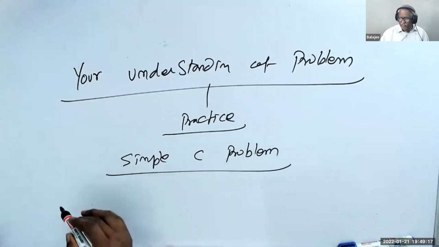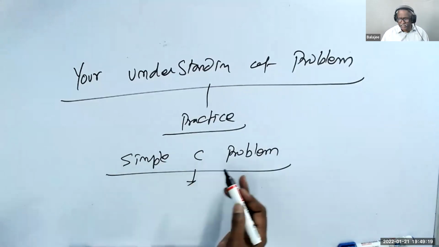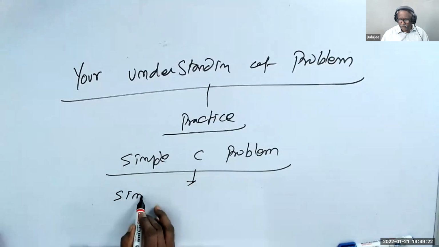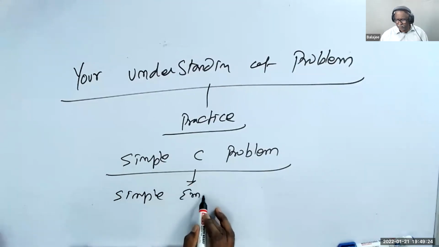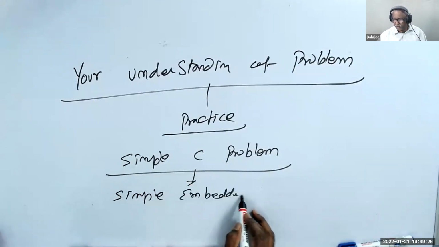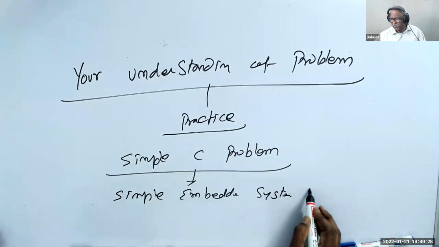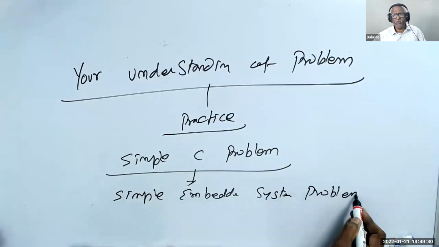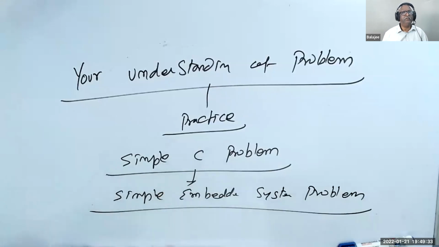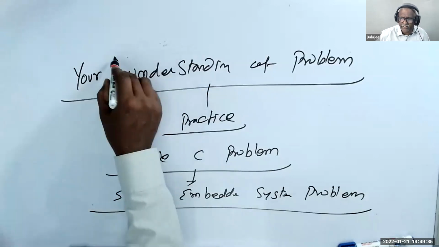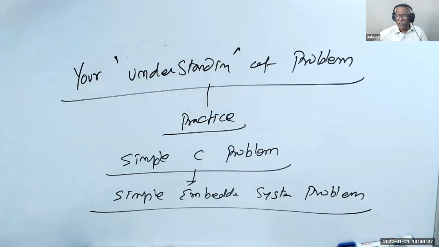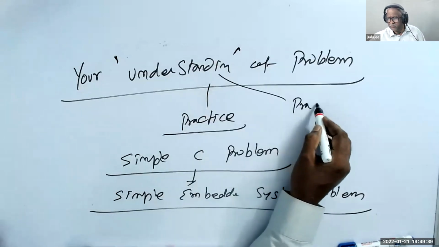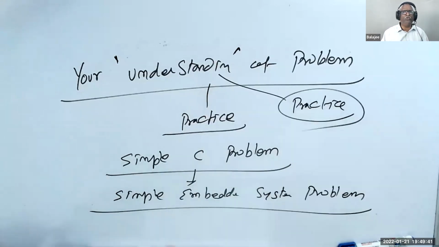Same way, once you have practiced simple C problems, then I'll give you simple embedded system problems. Okay. You have to practice. This understanding of a problem comes only by practice. Whether you do 10 problems in a day or 20 problems in a day, that brings you the practice.